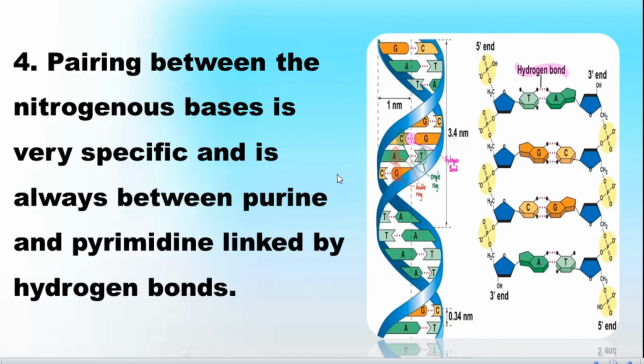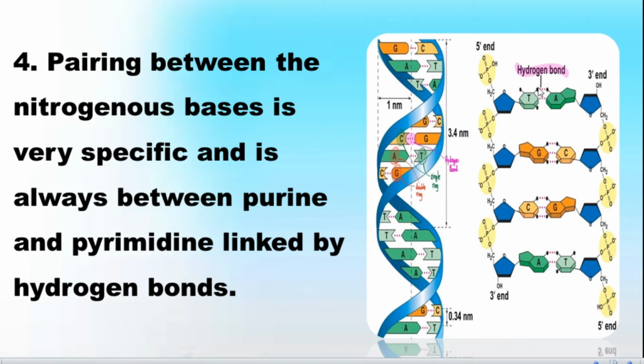Pairing between the nitrogenous bases is very specific, and it is always between purine and pyrimidine, linked by the hydrogen bond. So pairing means, here this is one of the nitrogenous bases, this is another nitrogenous base, they are pairing by hydrogen bond.